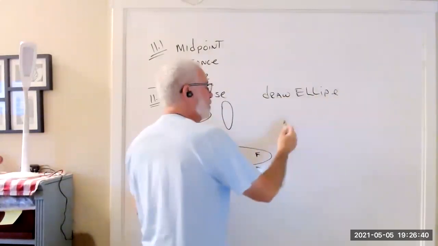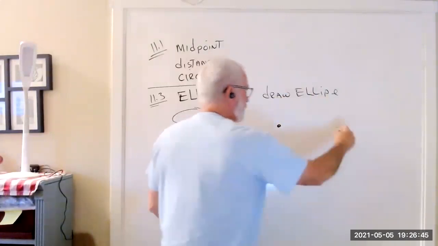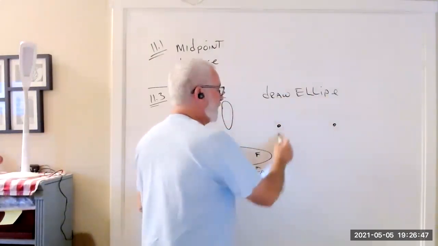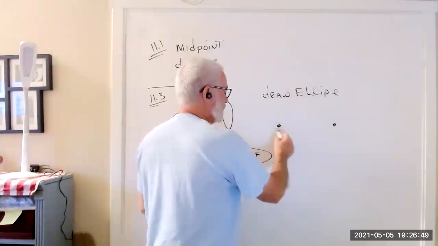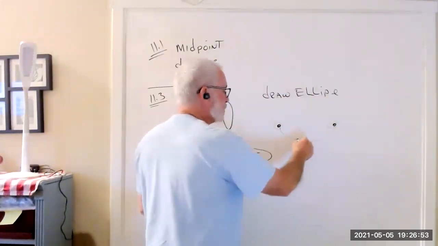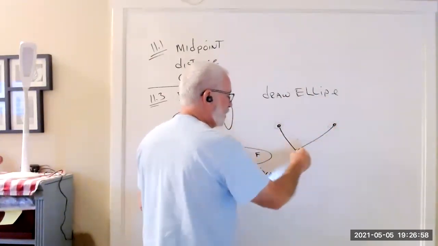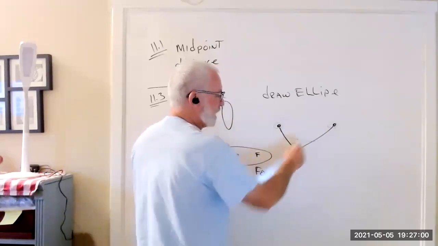You take a push pin and a piece of cardboard. You put a push pin there, and you put a push pin there. You take a string and tie it here, but then you take your pencil and pull it tight. So instead of a loopy string, you pull it tight.